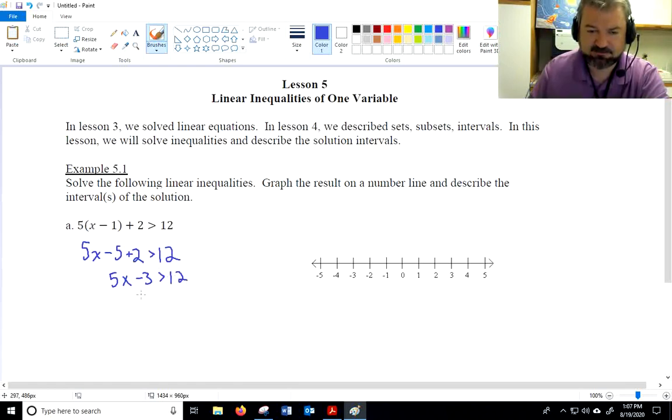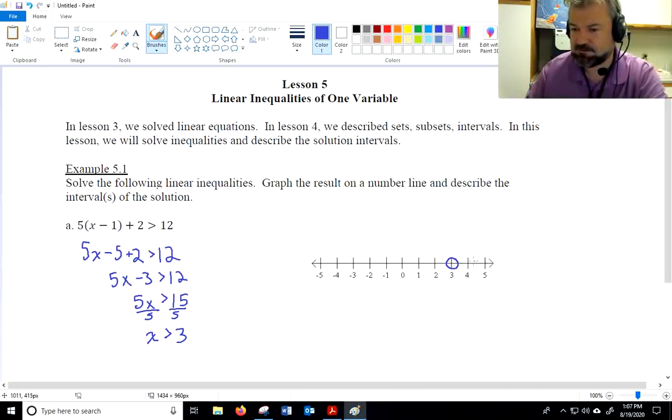Now I'll add 3 to both sides. And I'll divide both sides by 5. I'll go ahead and show that step. And I end up with x is greater than 3. So we know that x greater than 3 means I have an open endpoint at 3. And all the values greater are over here.